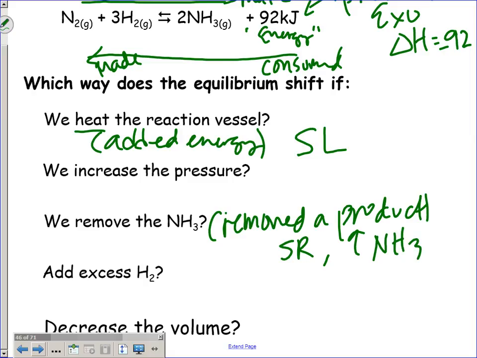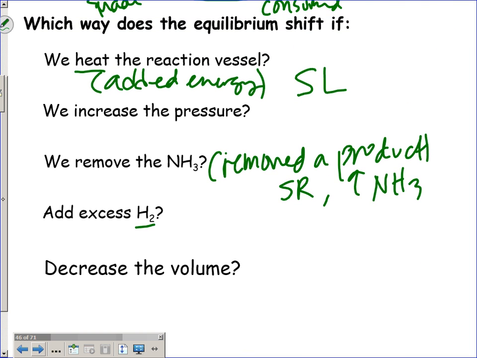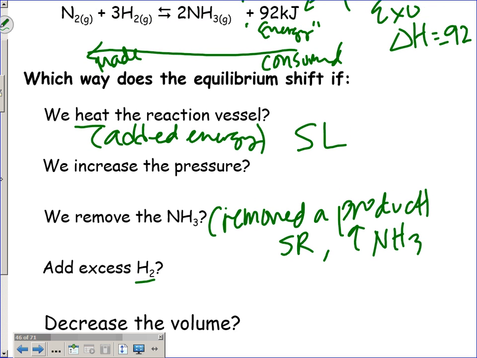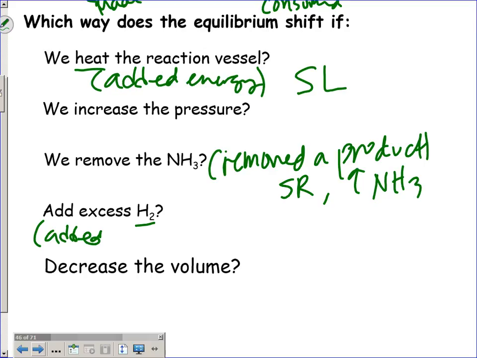Let me keep doing this example out loud. All right, so what if I add excess H2? Where's H2 in here? It's a reactant. So my stress is I've added a reactant. Oh no, I've got too many reactants. How do I alleviate that?